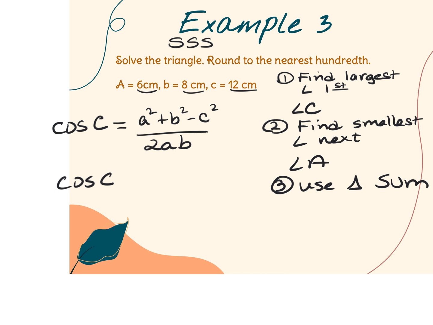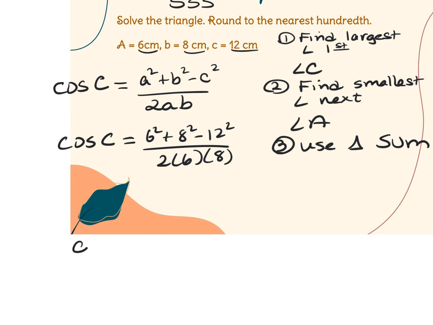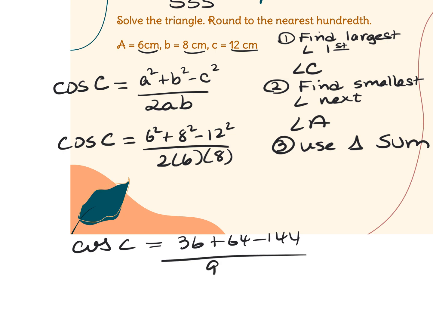Cosine of C is equal to 6 squared plus 8 squared minus 12 squared, over 2 times 6 times 8. I'm going to multiply those: 36, 64, 144, all divided by 2 times 6, 12, times 8, 96.